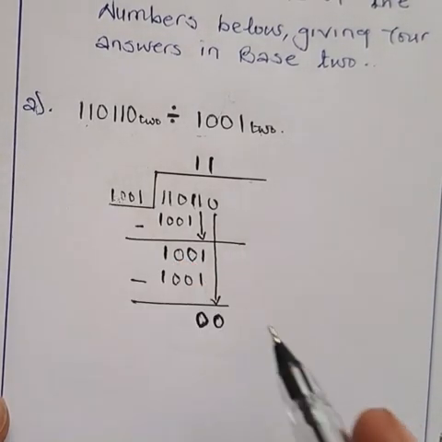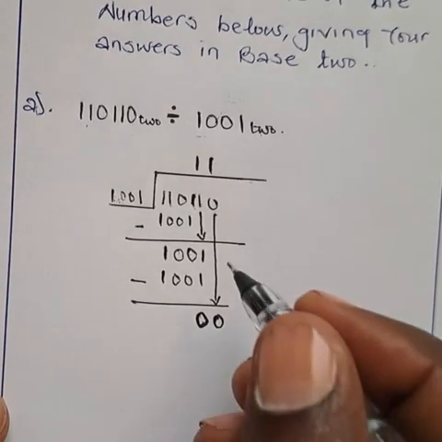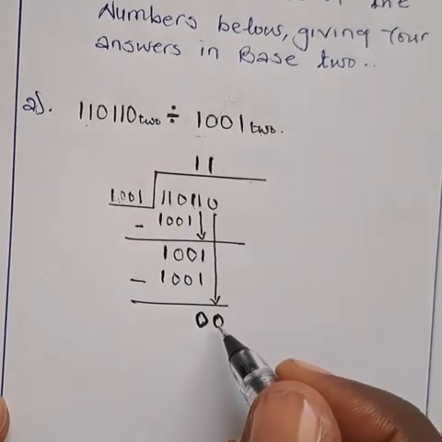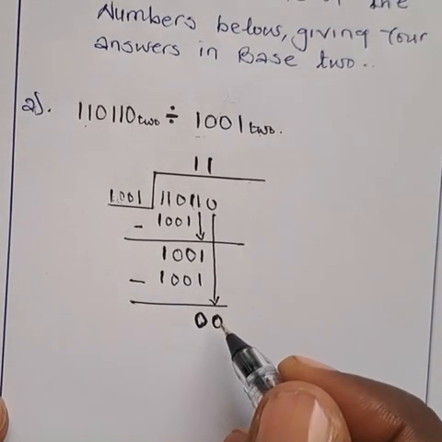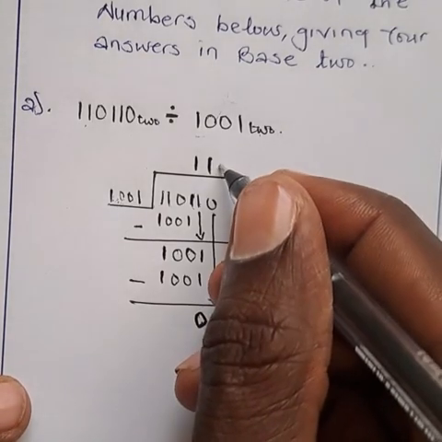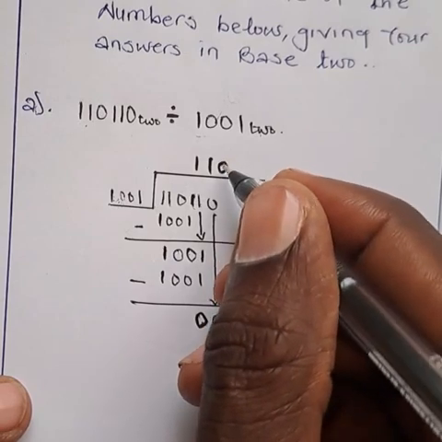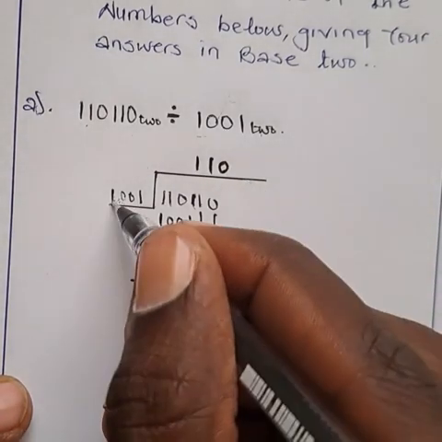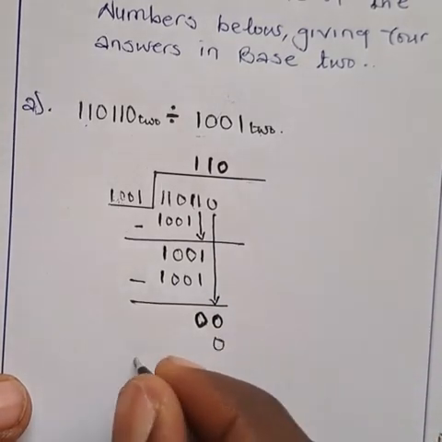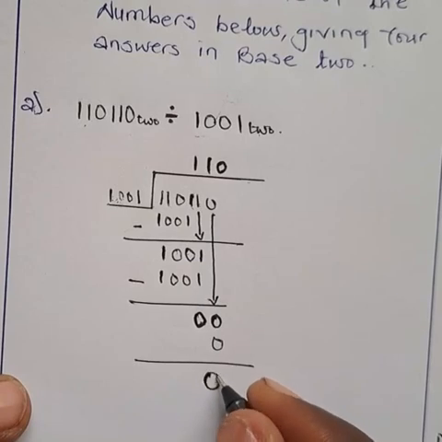So 1001 into 0, still it can't. Now notice that here we are saying it can't after bringing down the number here, which is 0. So what does it entail? So I have to put 0 there because we found it can't, or we found 0 even after bringing down another entry. So 0 times 1001, it's 0. 0 times 0, 0 minus 0, of course, this will give us 0.